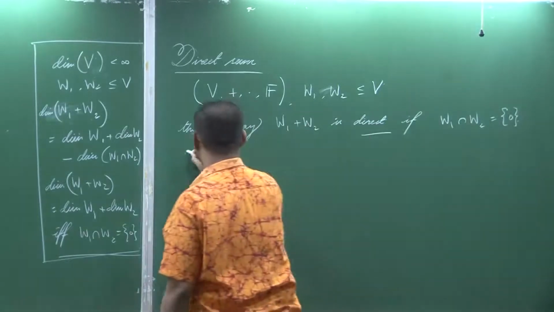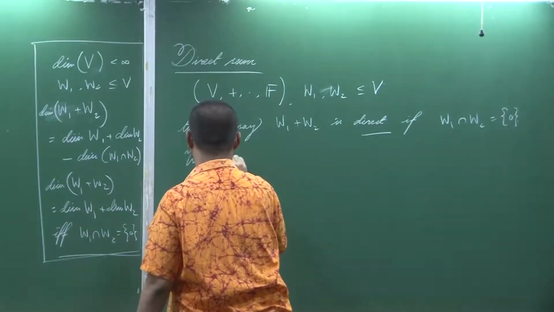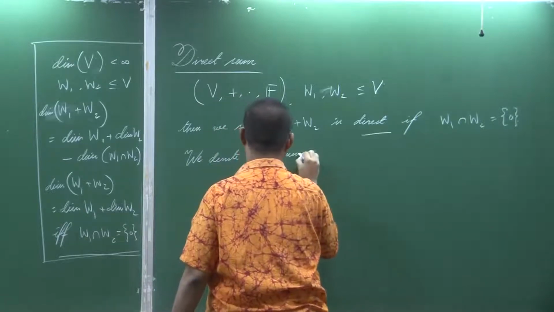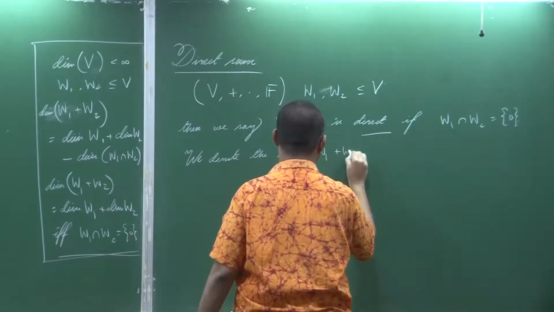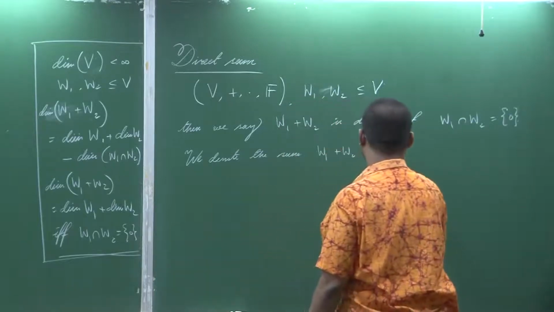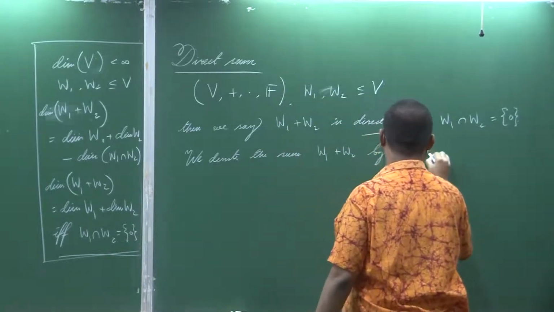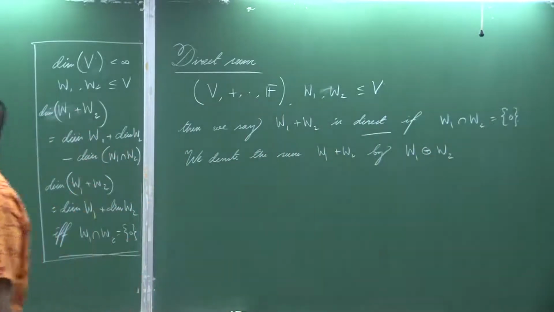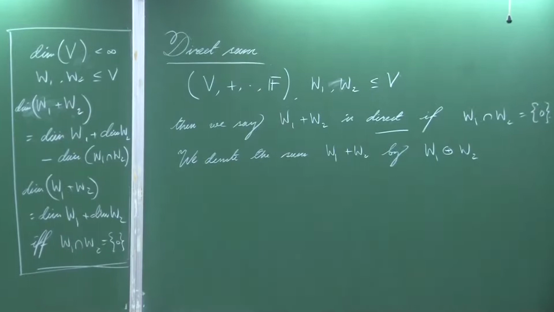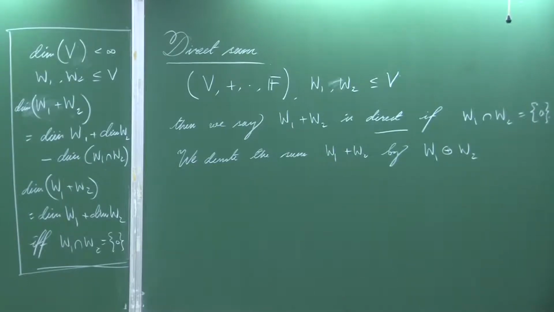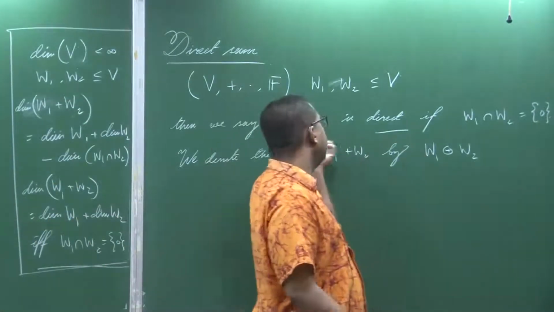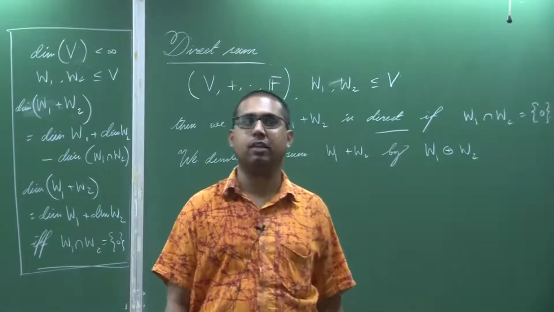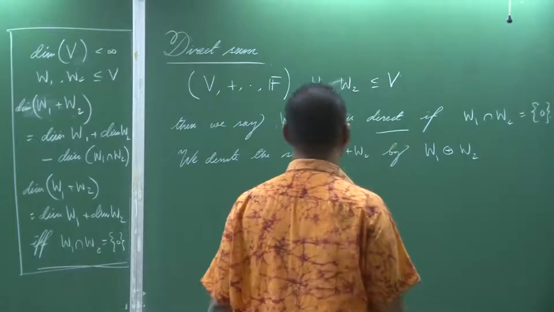In that case we denote the sum by this notation. This object is nothing but this sum, but this plus circle just tells you that the intersection is trivial.